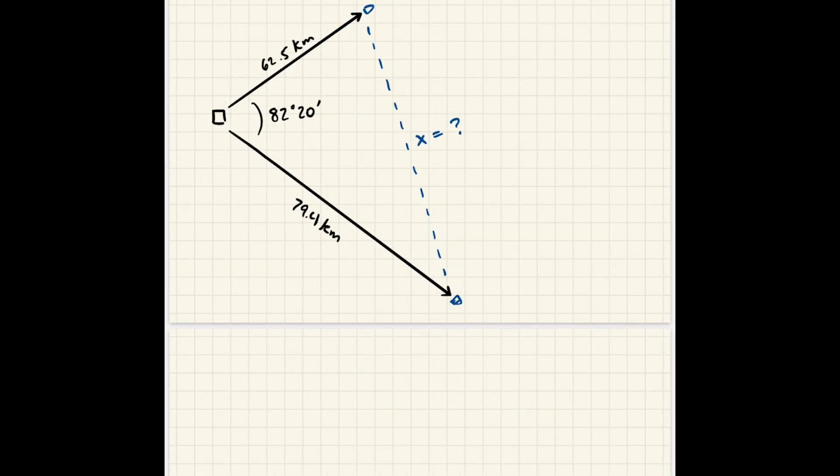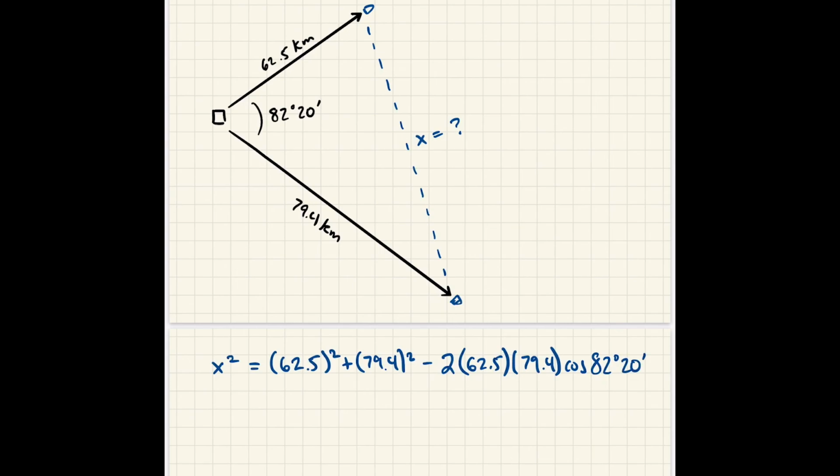So of course we can see through the law of cosines that x squared will be equal to 62.5 squared plus 79.4 squared, it's just the other two sides, minus 2 times 62.5, 79.4, cosine of 82 degrees 20 minutes. Okay, so let's just do that big calculation.